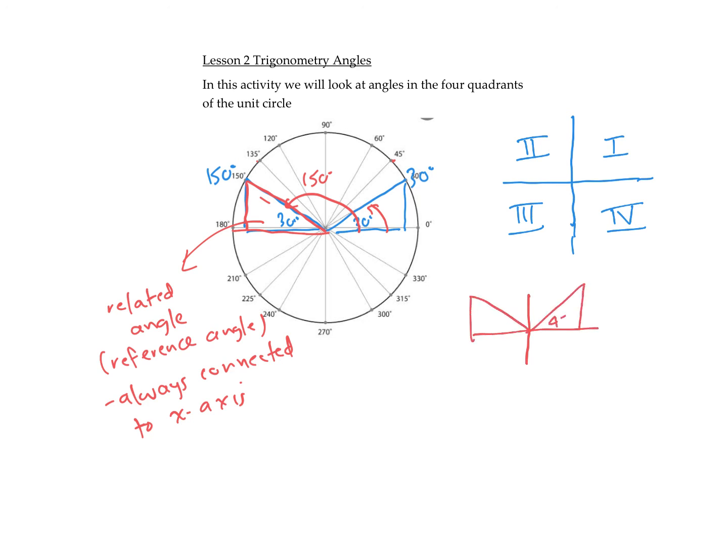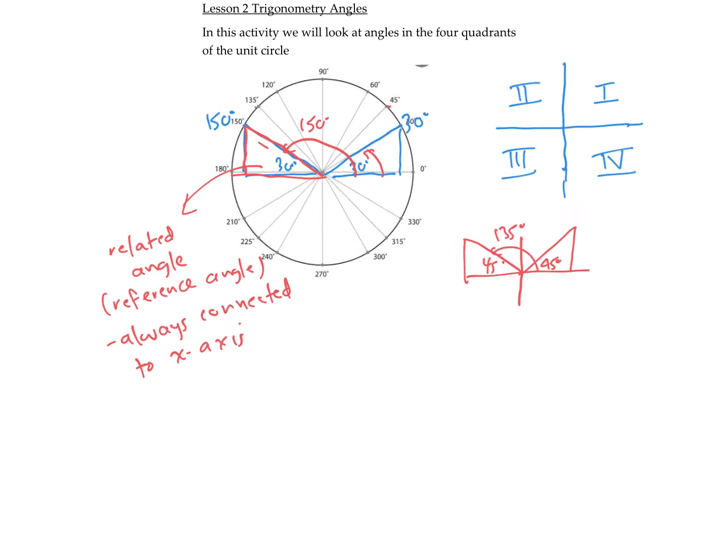So 45 in quadrant 1 is the same as 135 in quadrant 2. It still creates a 45-degree triangle. Related angle is a concept that you need to understand, and also terminal arm.